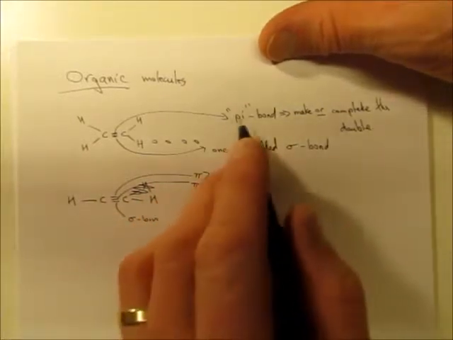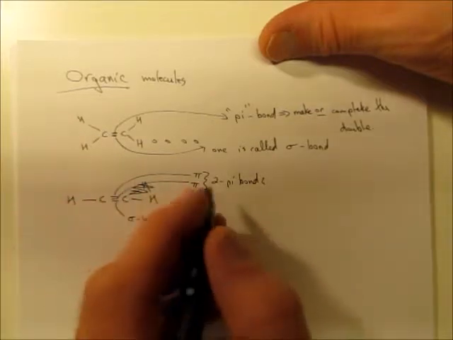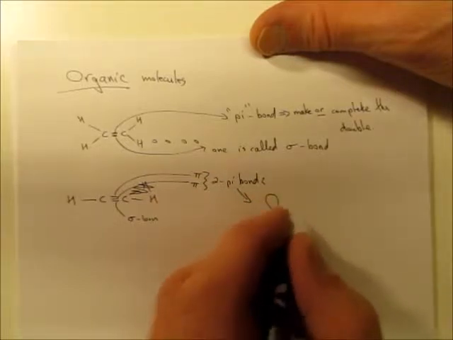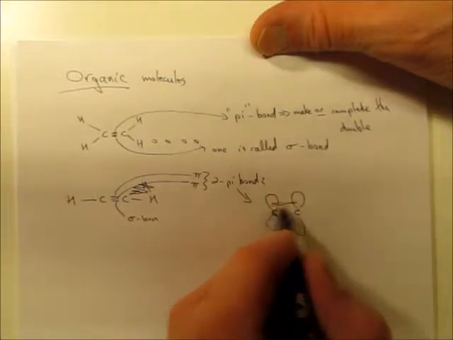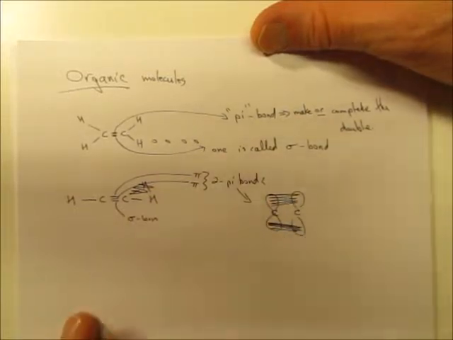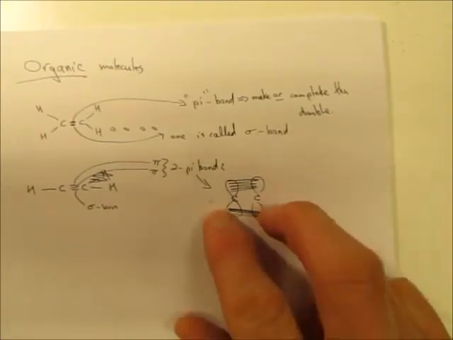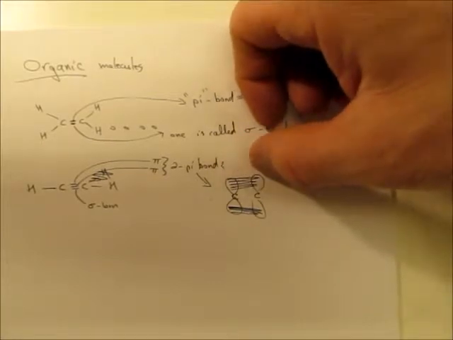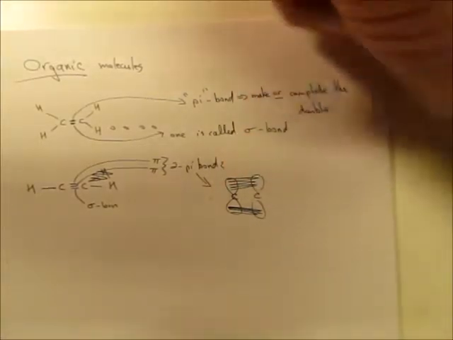So pi bonds, the second or third stick of a multi-bond, the idea is they are p orbitals on each of the carbons, and they overlap this way. So a pi bond is made by each atom sharing one electron, overlapping the p orbitals to get a pi bond itself.